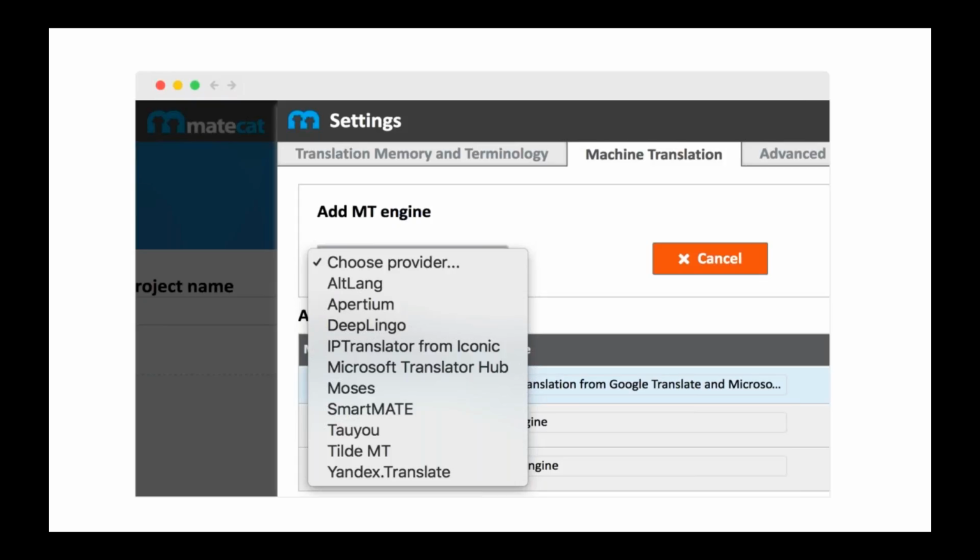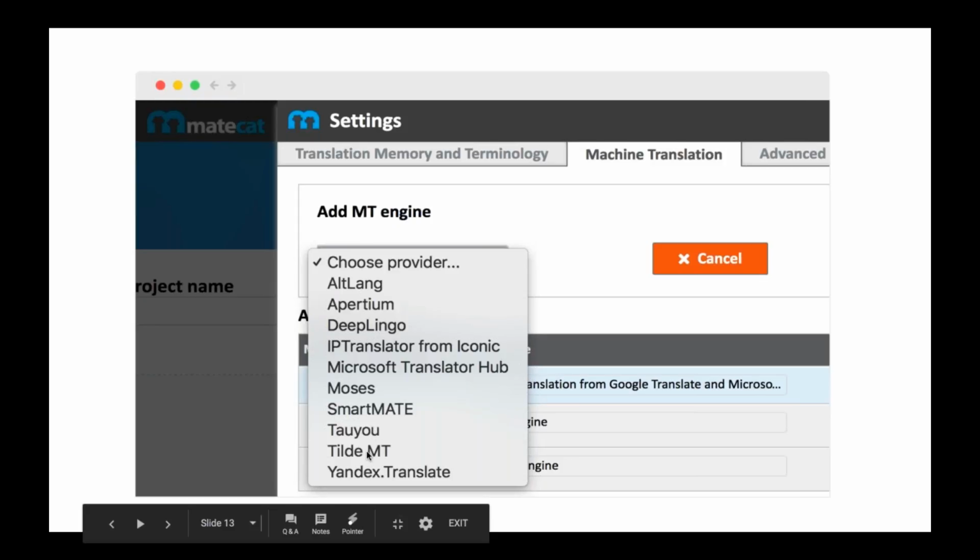So what did we do? By default, Matecat is integrated with MyMemory, as I said at the beginning, and it provides Google Neural Machine Translation, DeepL Machine Translation, and also Microsoft Machine Translation. But we've also developed some connectors to integrate the most popular machine translation engines on the market.